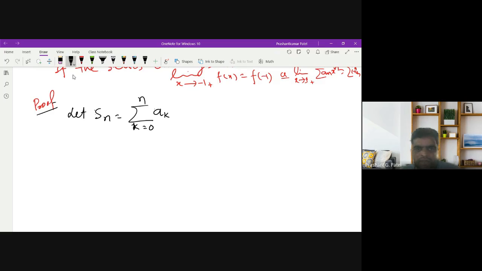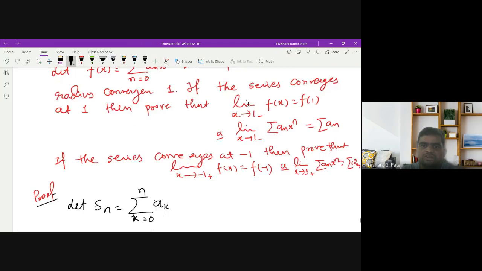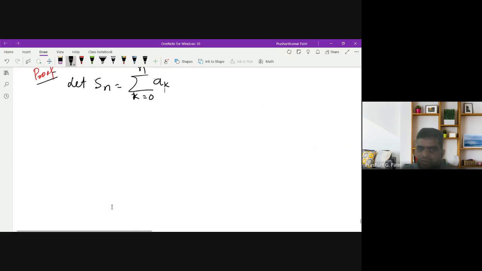And this partial sum is convergent because we have assumed that the series is convergent at x is equal to 1. That means summation of an is convergent. So this partial sum Sn is convergent. Now let us look at what will be Sn minus 1. The Sn we know is the sum of the first n terms, that is summation k running from 0 to n of ak, and Sn minus 1 is the sum of the first n minus 1 terms.